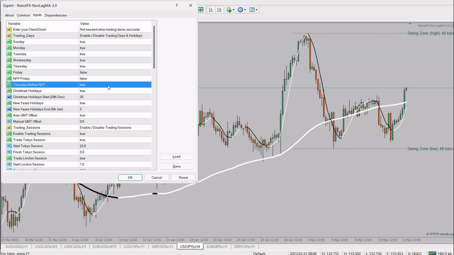And it can also be instructed not to trade the day before that Friday, which always will be a Thursday, the first day before NFP. So with these settings, the expert advisor will not trade on NFP Friday, and also the day before the NFP. That would be once in a month, by the way.